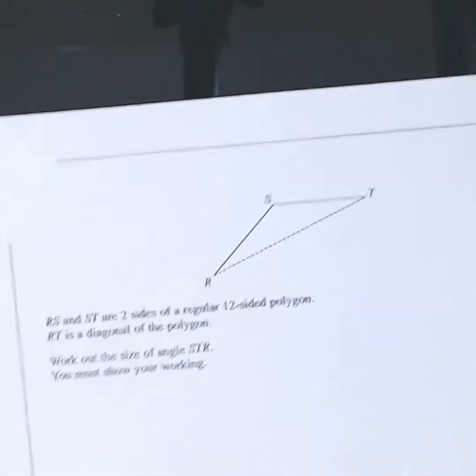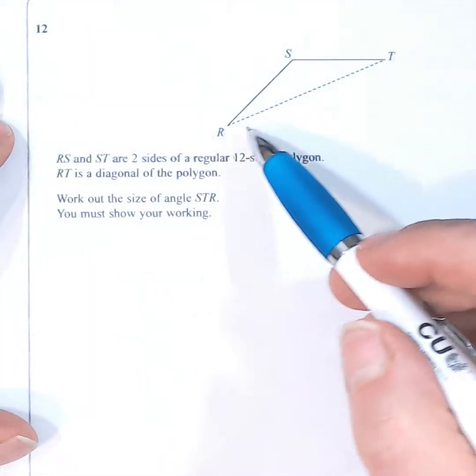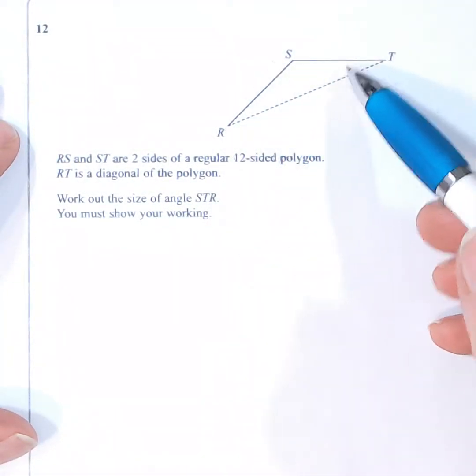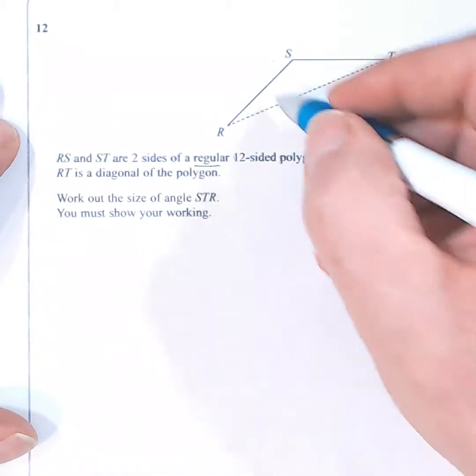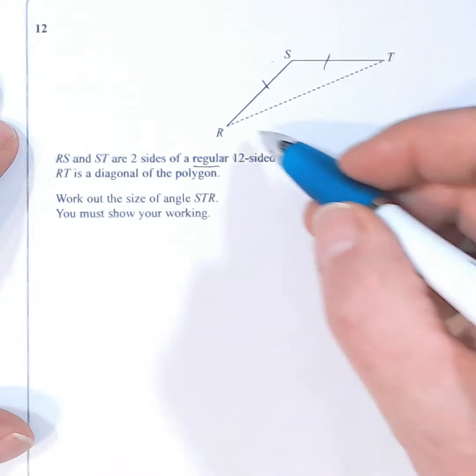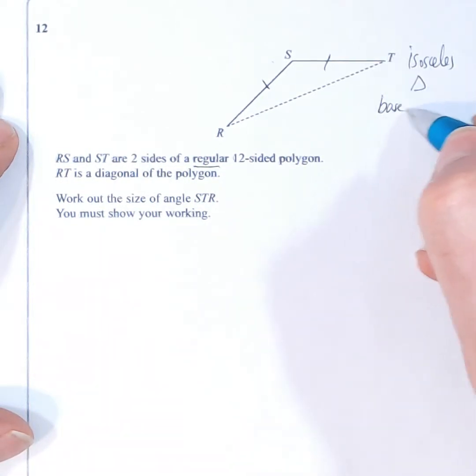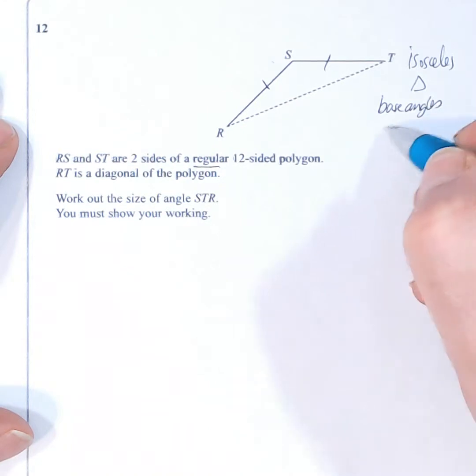Okay, another question here. We're being told that these two sides are from a regular shape, so that means that length must equal that length. And straight away when we look at the picture we can see that we've got an isosceles triangle. So again, that's useful to note, because we know for an isosceles triangle that base angles are equal.